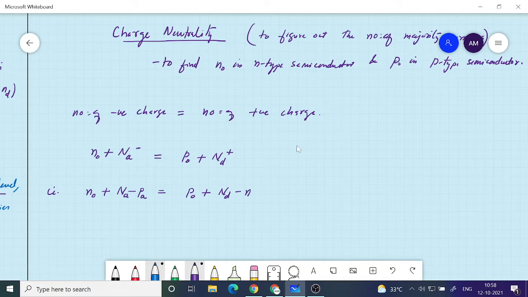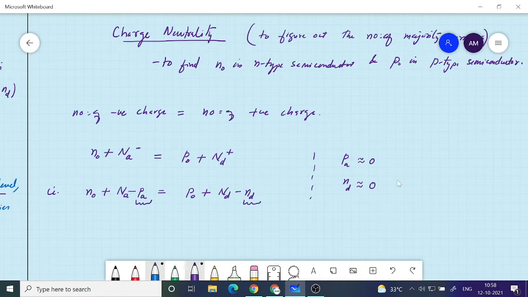small nd. Small nd is the number of occupied states in the donor level, which is also negligible. So let me just mention that Pa is negligible and nd is also negligible from our earlier discussion.